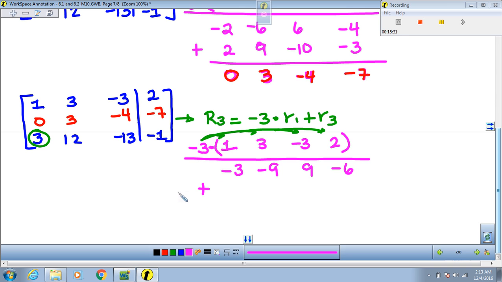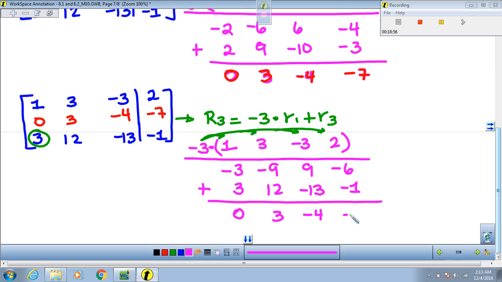Then, to each of these numbers, we're going to be adding the values in row 3. So we write them here underneath this one. So this is 0. This is going to be positive 3. This is going to be 10, 11, 12, 13, negative 4. And this is going to be negative 7.